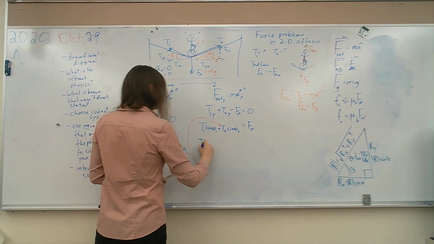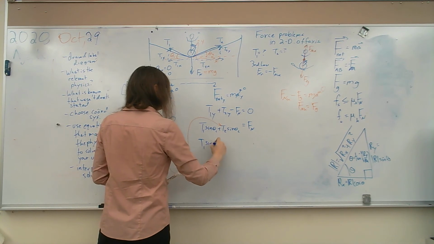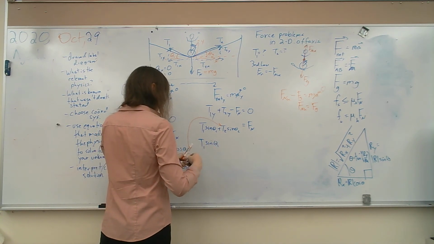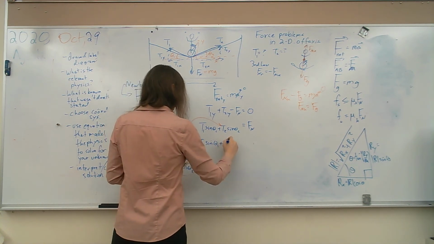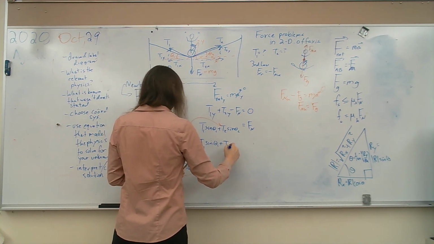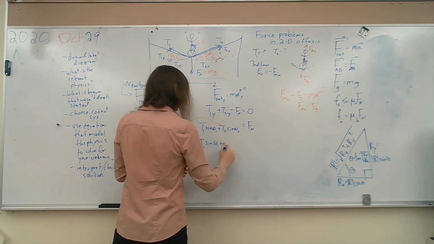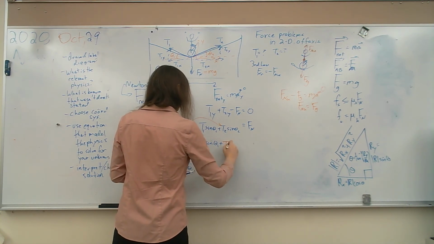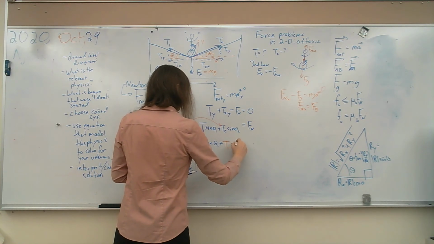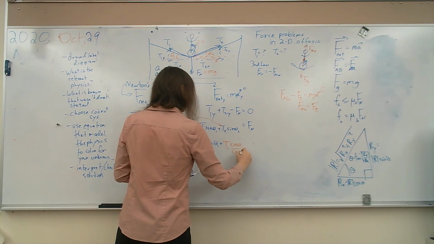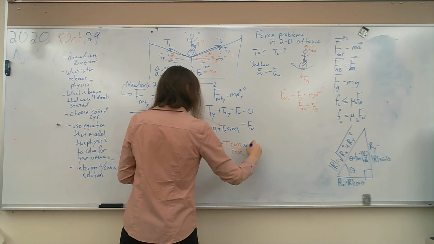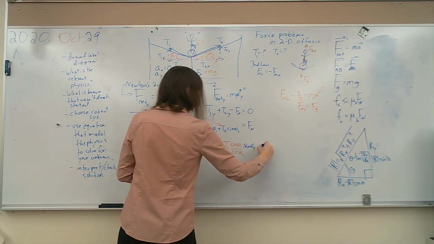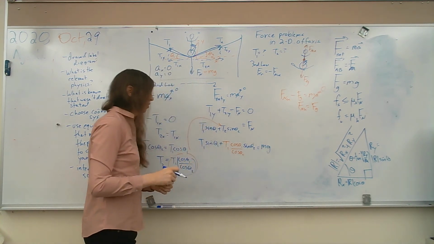And we've got T1 sine theta 1 plus T1 cos theta 1 over cos theta 2 times sine theta 2 equals mg in this case.